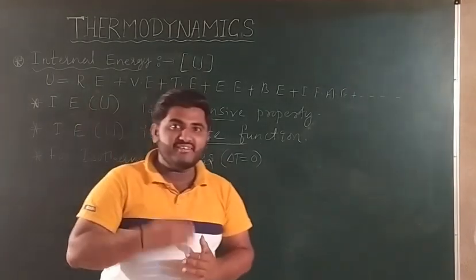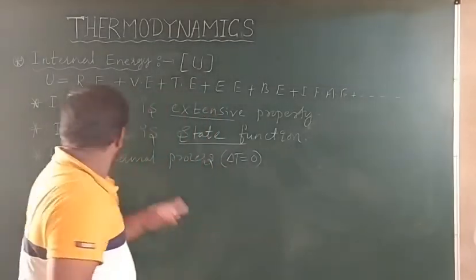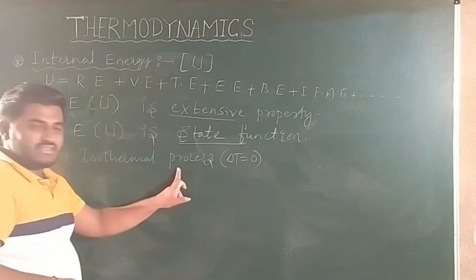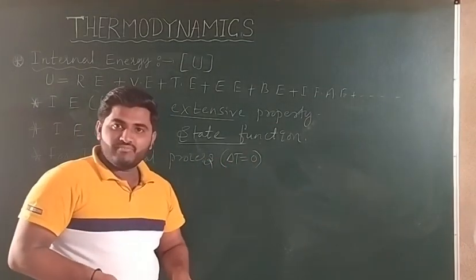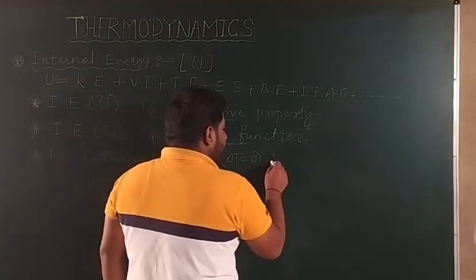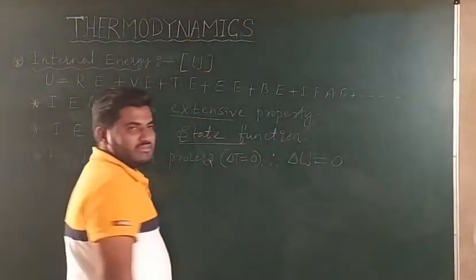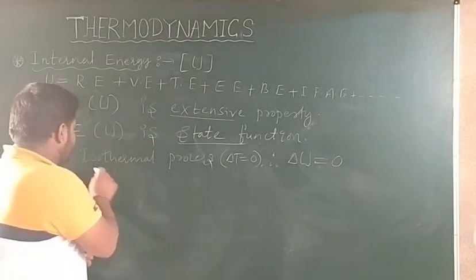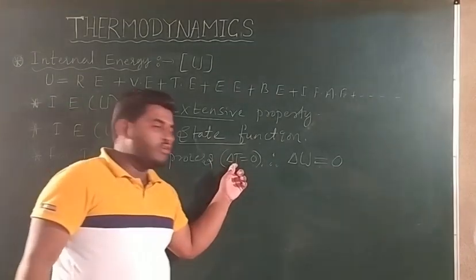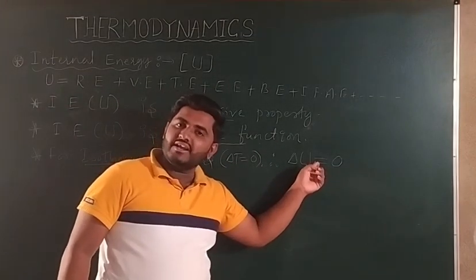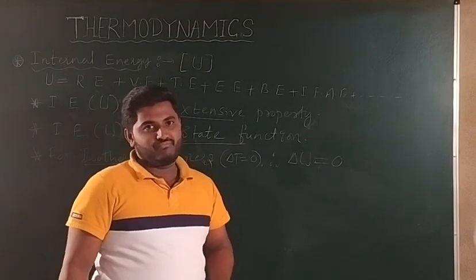We have discussed it in the previous class. So for an isothermal process, delta T is 0, therefore change in internal energy, del U, is also 0. Remember this: for an isothermal process, delta T is 0 as well as change in internal energy also 0.